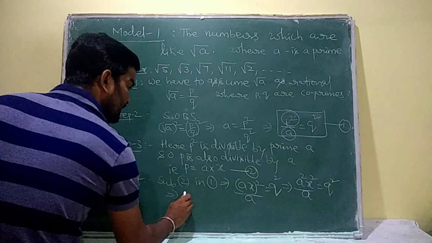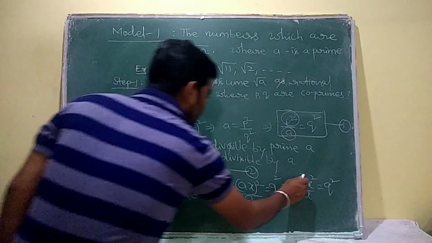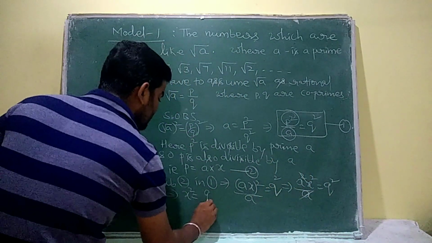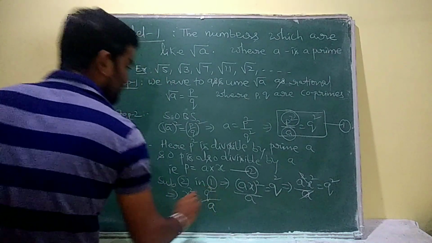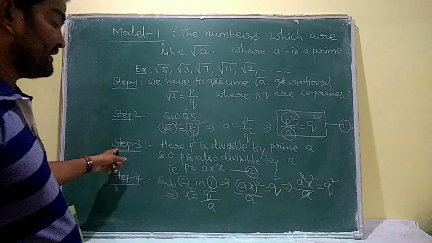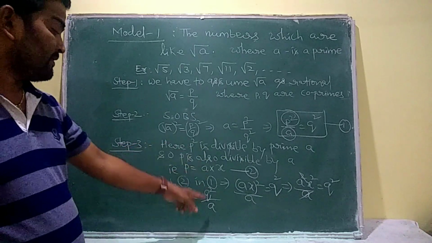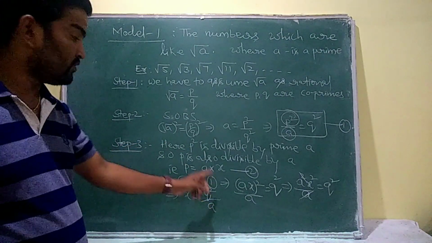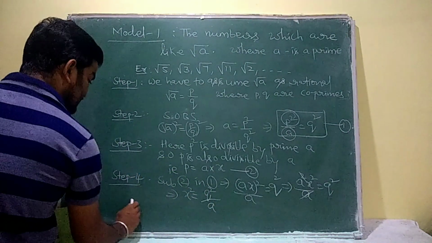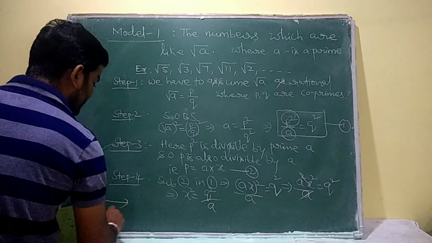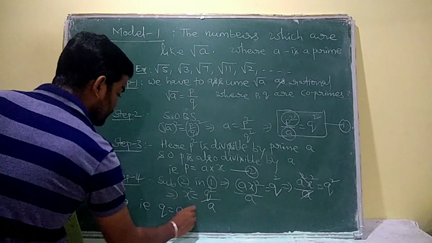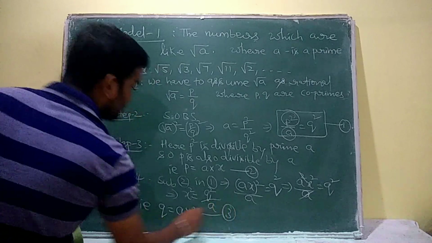That implies X square is equal to, here 1 A and 1 A will cancel out, 1 A left, that A is going to be transferred to the other side, that is Q square by A. See, again the same old step 3 is repeated here. Here Q square is divisible by the prime A, so Q is also divisible by the prime A. So step 3 is repeated here, that is Q is equal to some A into Y. This is our equation 3.